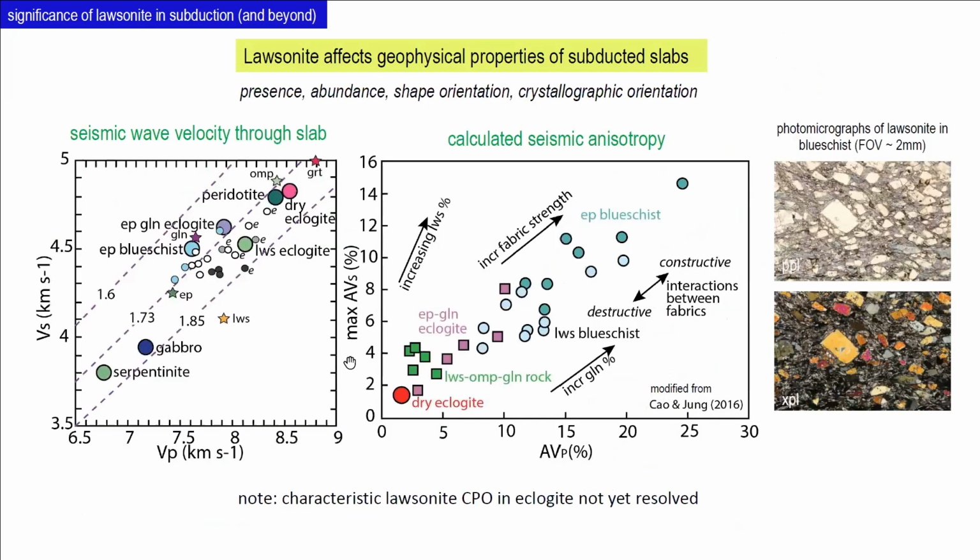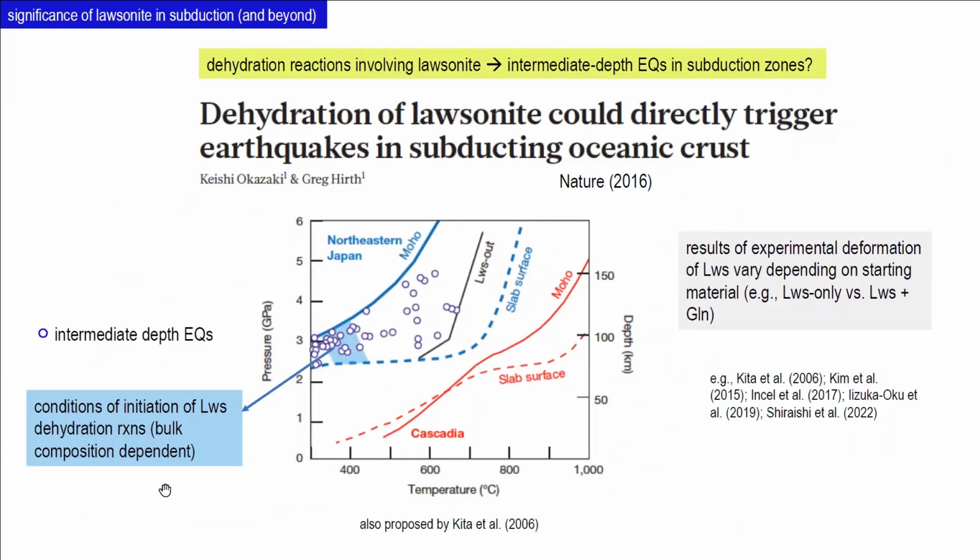Just a quick point: lawsonite, aside from all these geochemical reasons why it's important, the presence of the lawsonite, the modal abundance, and all sorts of textural features affect the geophysical parameters of the subducted plate, at least the oceanic crust part. And so it affects seismic velocity. It also affects anisotropy. And there are all sorts of interesting questions about that.